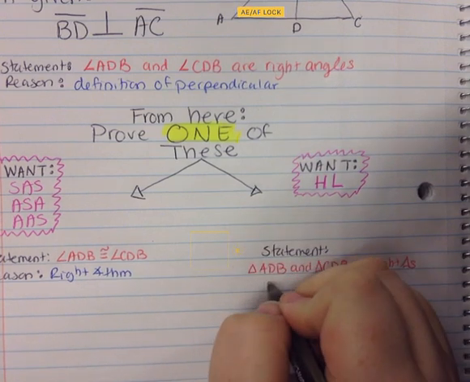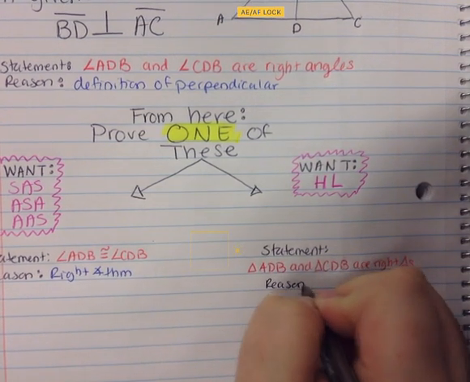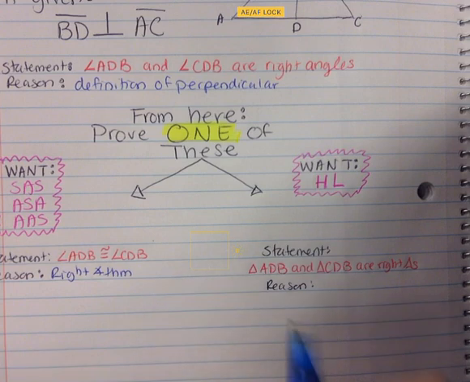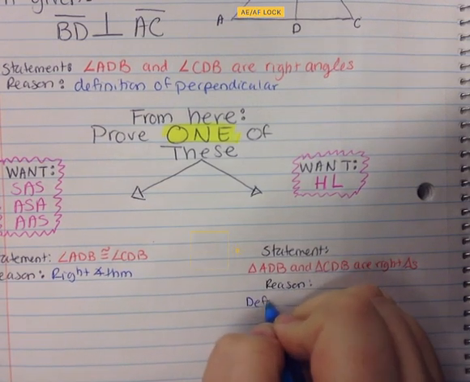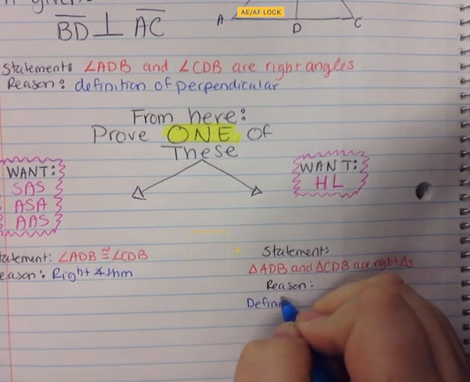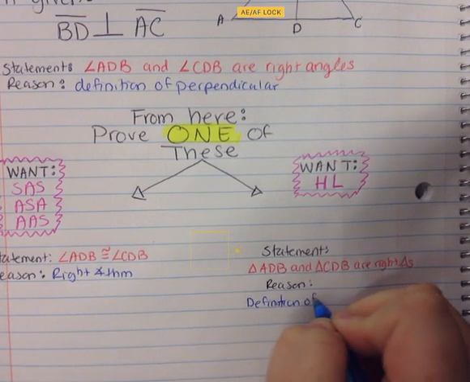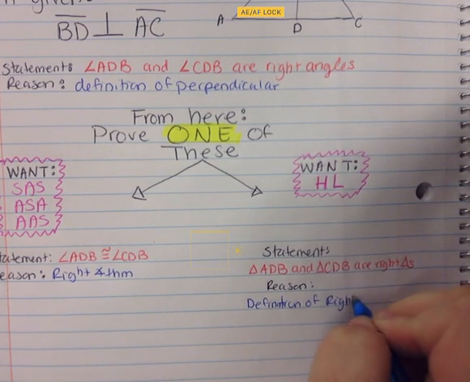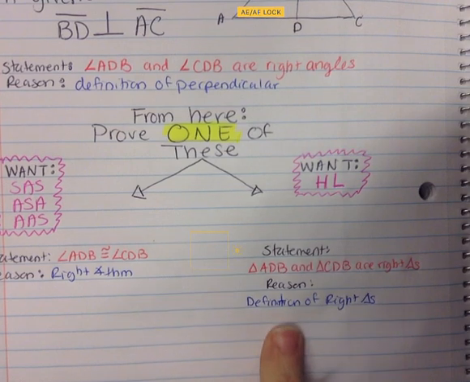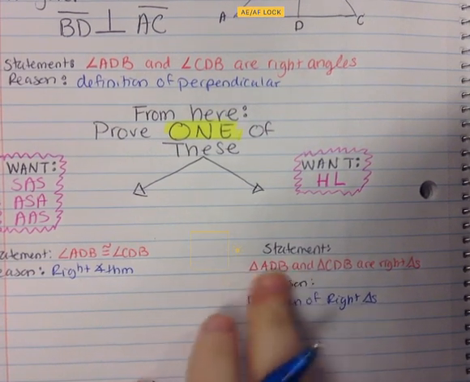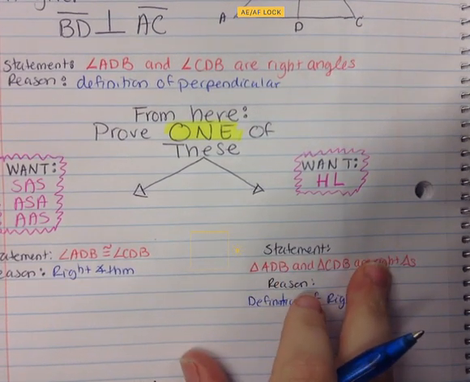And the reason for that is because that is the definition of right triangles. The definition of right triangles is a triangle that have a right angle.